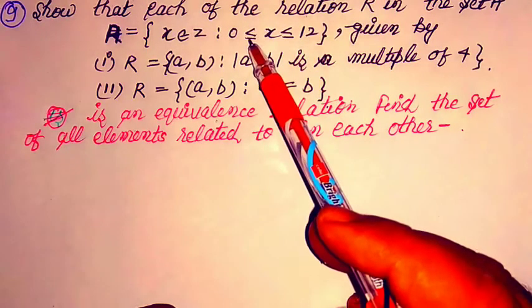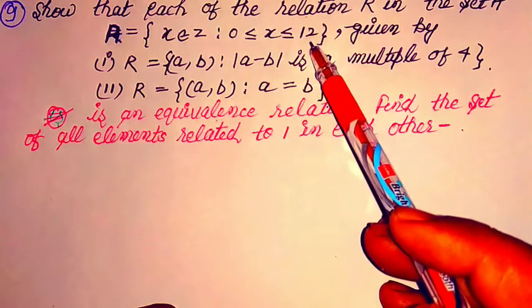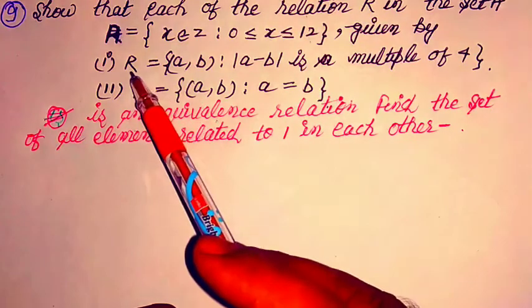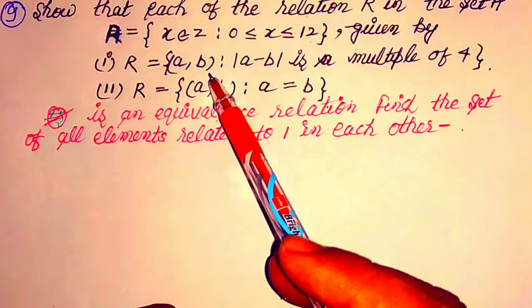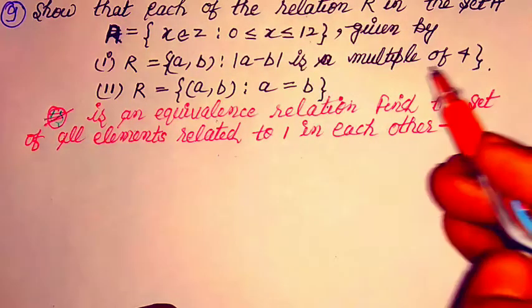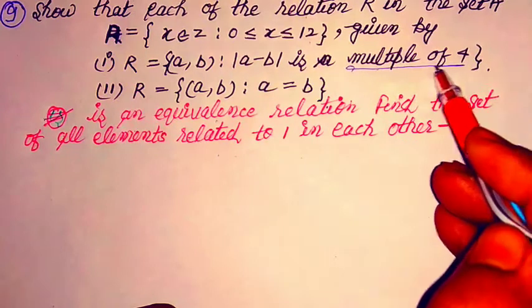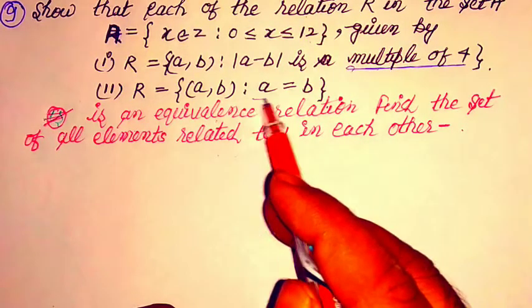So we will take the set as the set 0 to 12 here, isn't it? And next we will write the relations. The first relation is |a minus b| is a multiple of 4. And the second relation we have is a equals b.